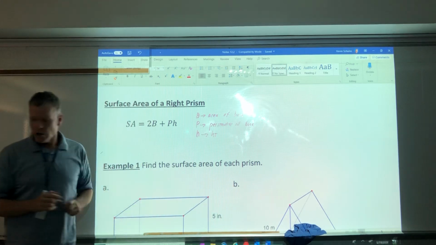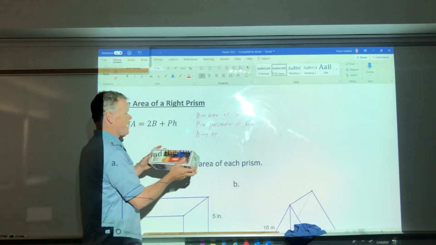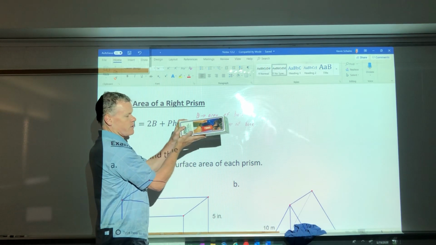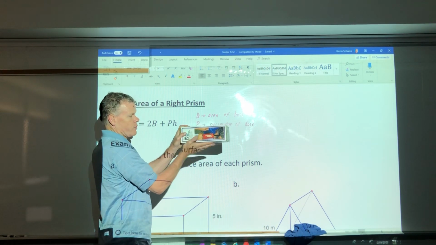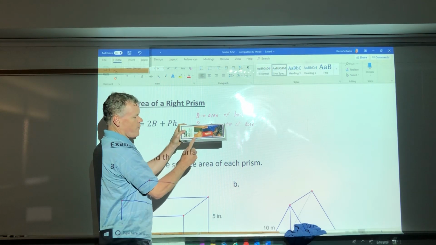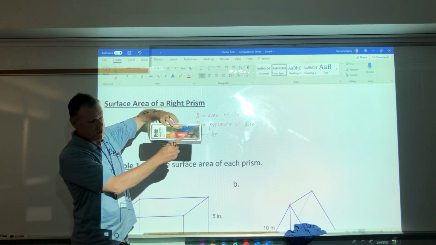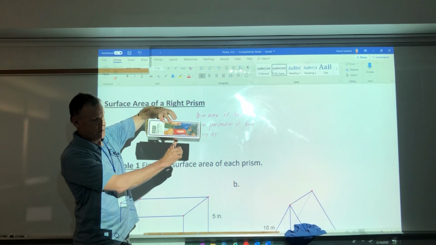Okay? And again, when you're looking at this box, the area of the base would be the bottom here, or you could even call it the top. They're going to be the same. It's going to be the length times the width. Your perimeter of the base, remember, is the distance around the base.